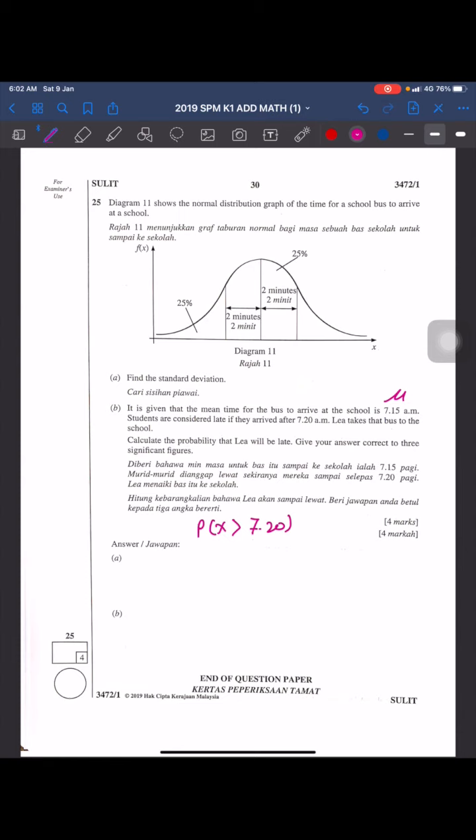So kita standardizekan dulu P(Z). Nak standardize adalah masa ini tolak dengan mean, 720 tolak 715, divide by standard deviation 2.967.